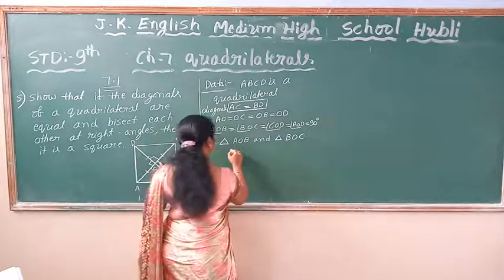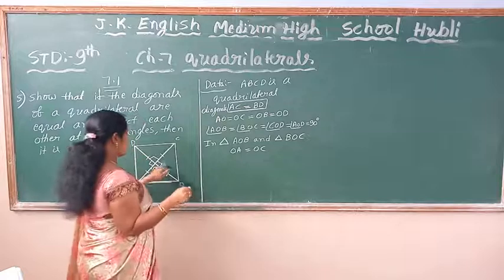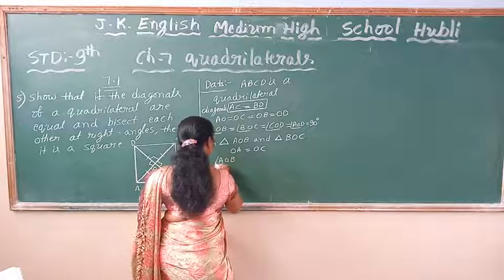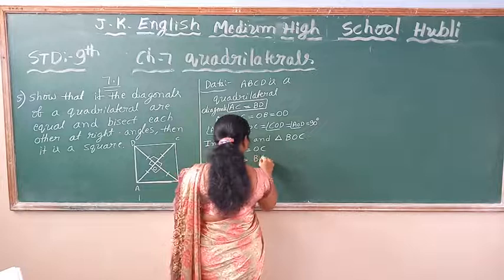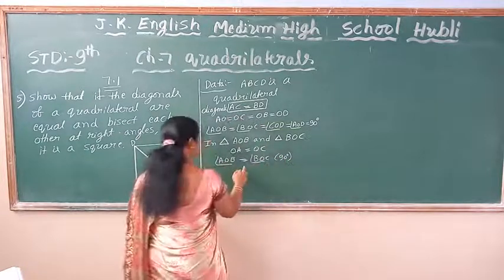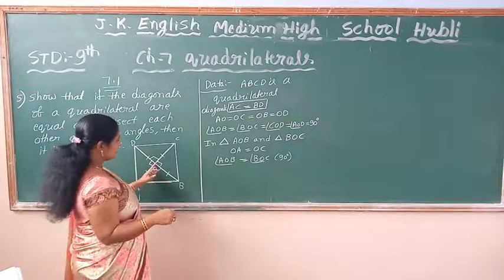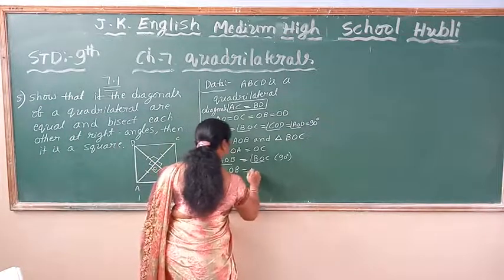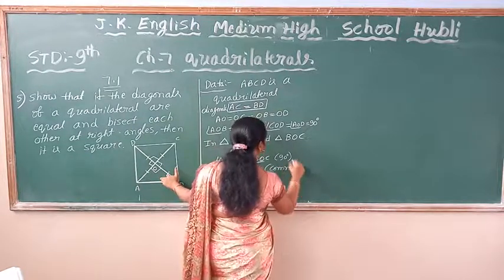It is given. Then these two angles are equal, that is angle AOB is equal to angle BOC. These two angles are 90 degrees. And OB is common to both.